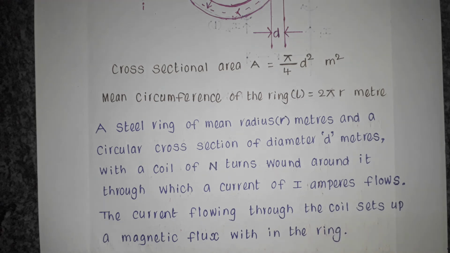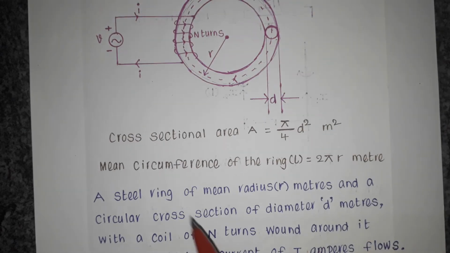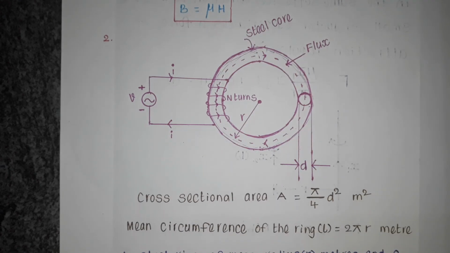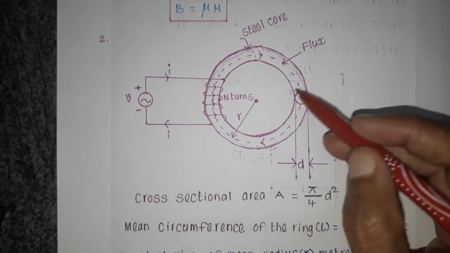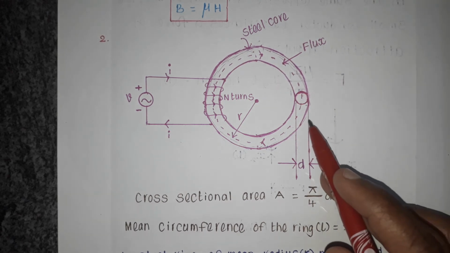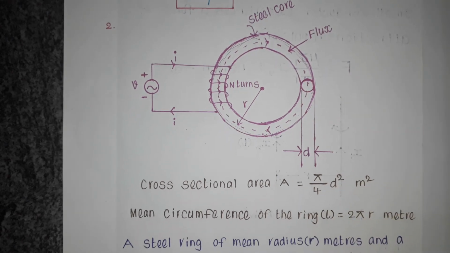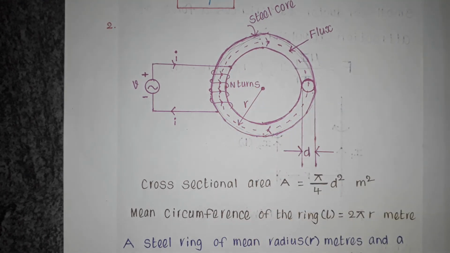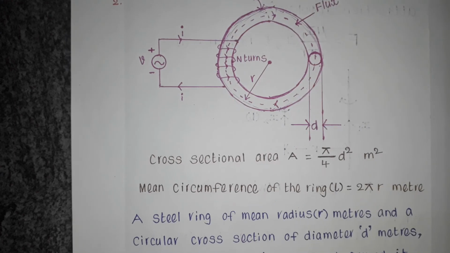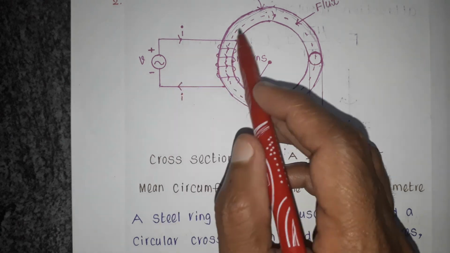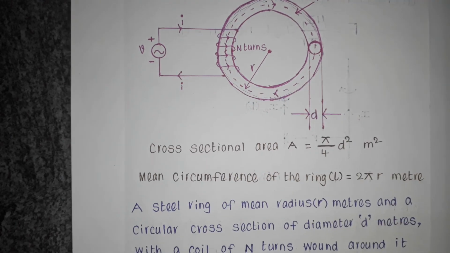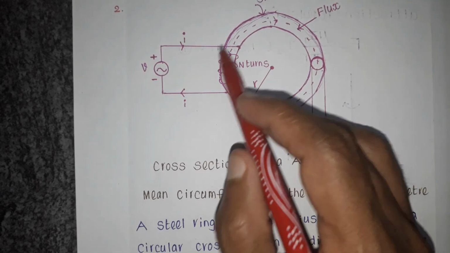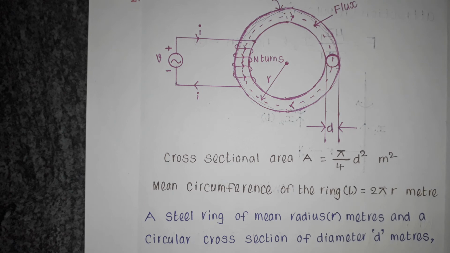So here there is a ring, a steel ring of mean radius r meters and a circular cross section of diameter d meters, with a coil whose number of turns is n wound around it. The current flowing in this winding is I amperes, and this current sets up a magnetic flux within the ring.